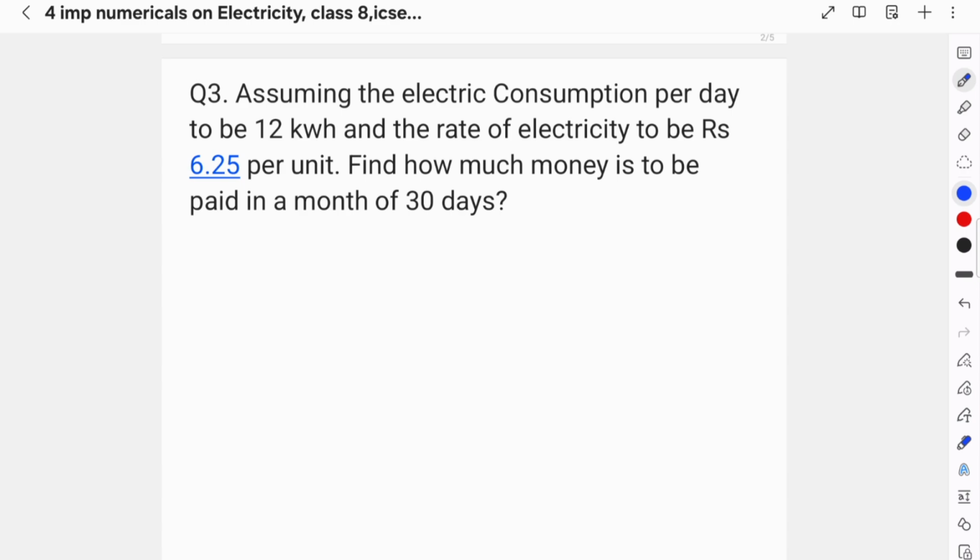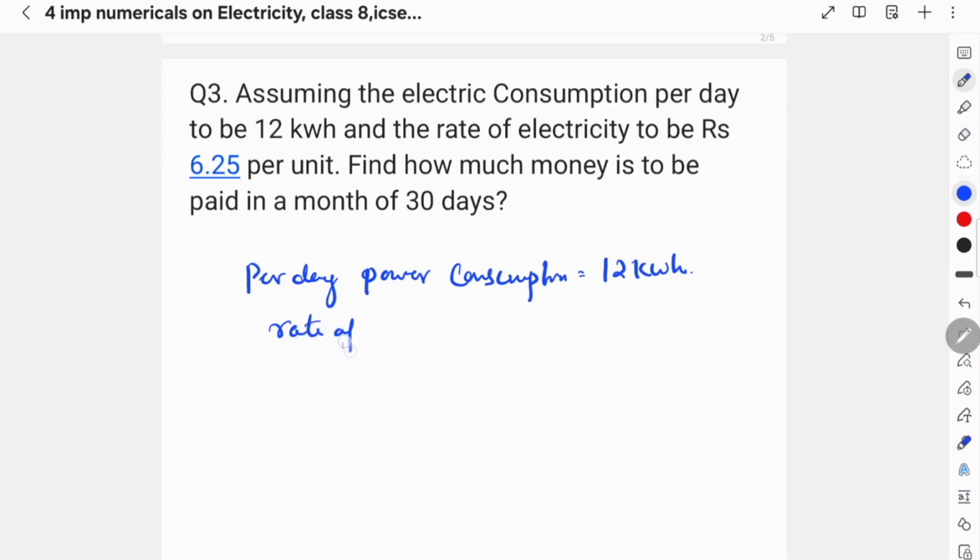Now see, the per day power consumption is 12 kilowatt hour, and the rate of electricity is rupees 6.25 per unit.